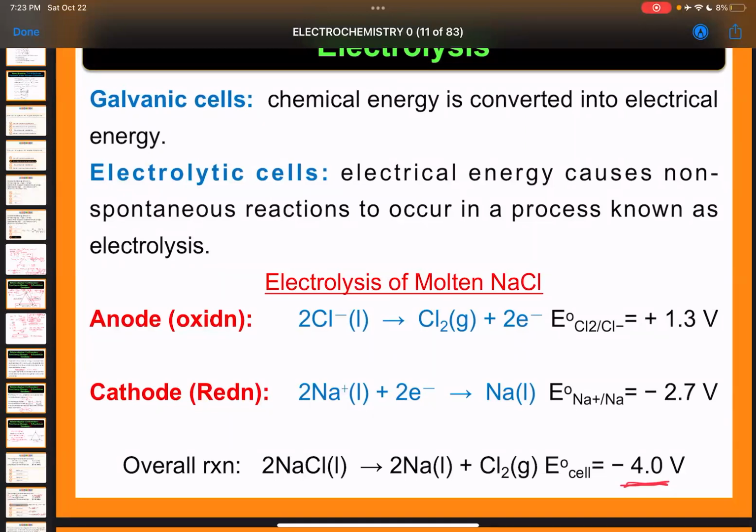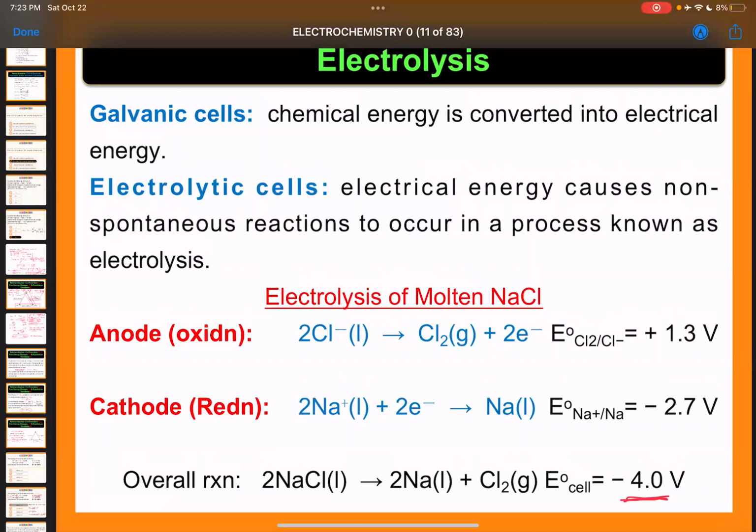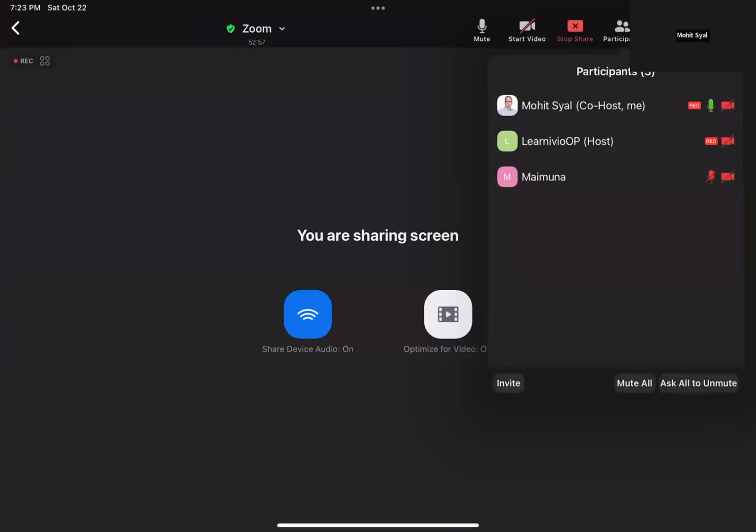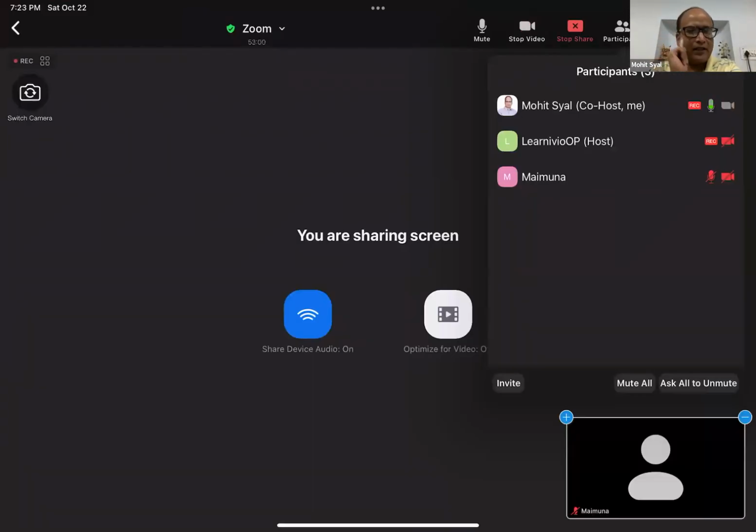Yes. So these are the reactions which do not happen on their own, but we put electrical energy to make them happen. Electrical energy causes the non-spontaneous reaction to occur, and the process is known as electrolysis. Is it clear? Yes. So these are non-spontaneous reactions.